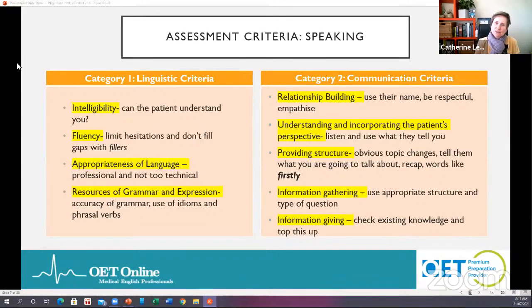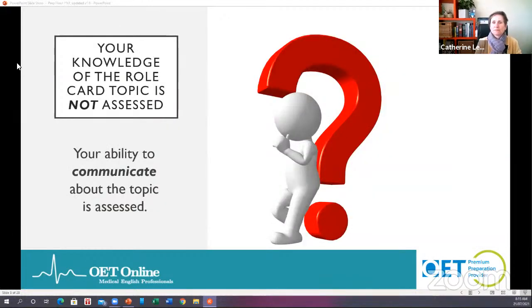And giving information, well, is that your medical knowledge? It could be, right? What do you think? I think information giving is probably the one that most students think, yeah, okay, I've got to know about the pilonidal sinus or the hereditary hemochromatosis to be able to give that information to the patient.